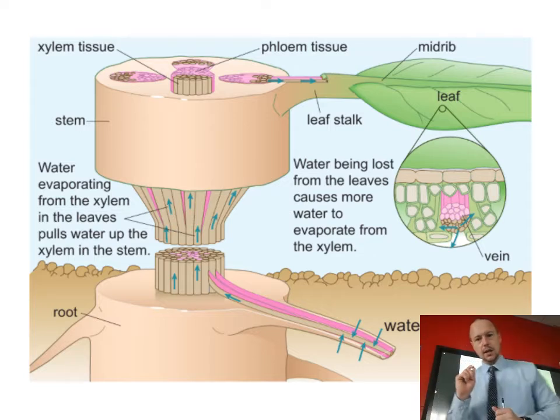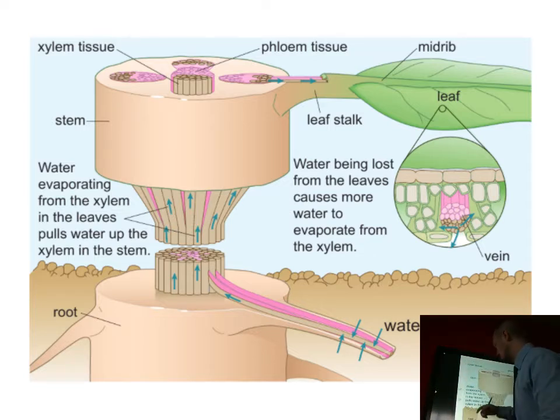Right, this is my explanation of transpiration. So remember, water is sticky. So water evaporates out of the stomata here. So basically what you can think of is all of these molecules of water are kind of one continuous stream.